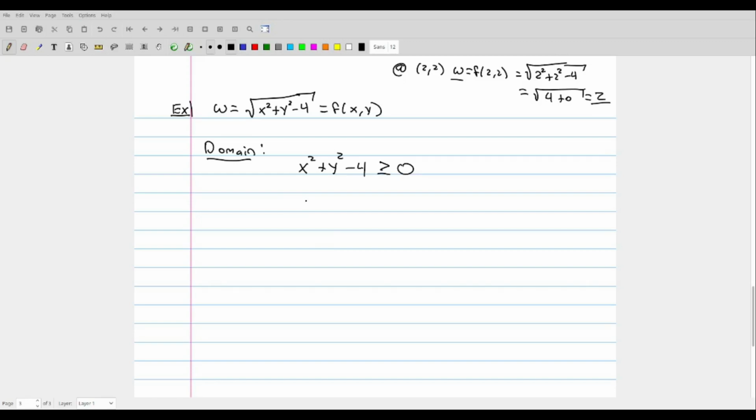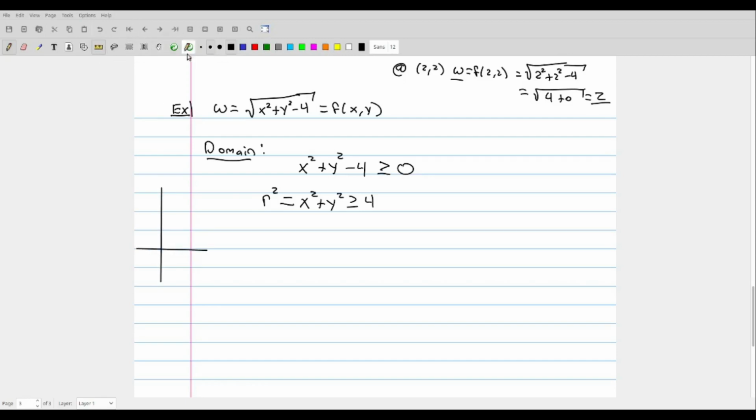That means x squared plus y squared is greater than or equal to 4, if you add 4 to both sides of this inequality. And remember that x squared plus y squared is the same thing as r squared, where r is the distance, the radius, from the origin.